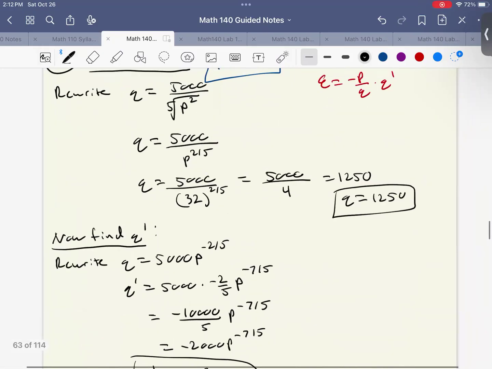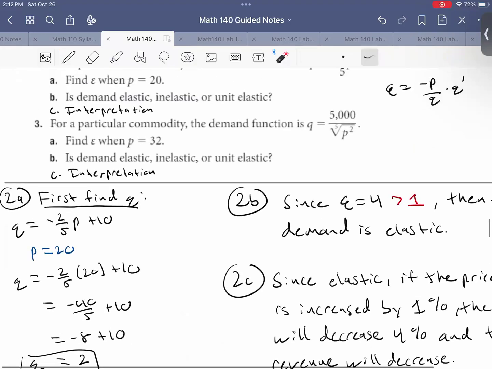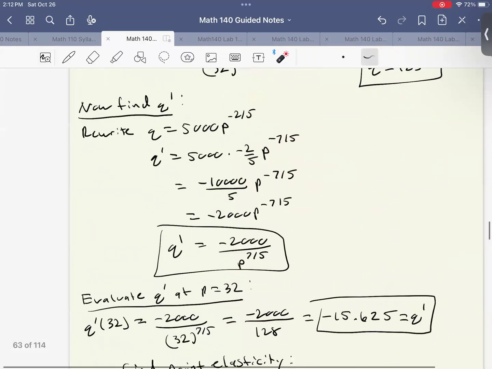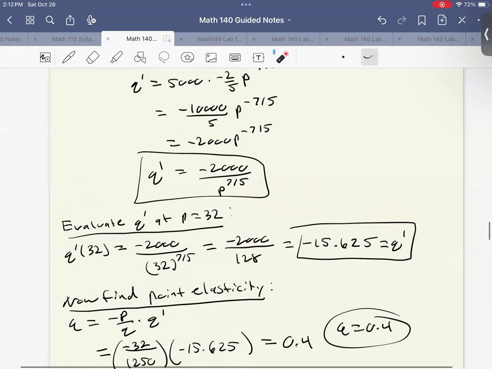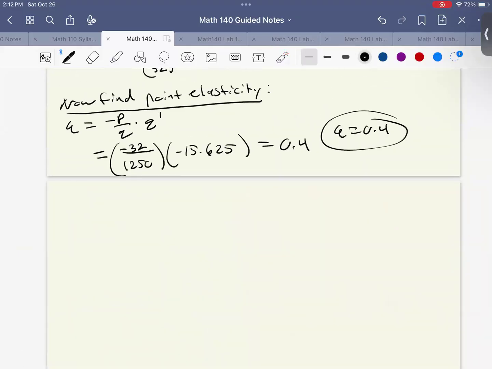Okay, so that is part A, right? Kind of scroll up a bit. So part B is just, is it elastic, inelastic, or unit elastic? So I need to figure out what that is. So let me go ahead and make another page. And part B, right? 3B, we're talking about elastic, inelastic, unit elastic.